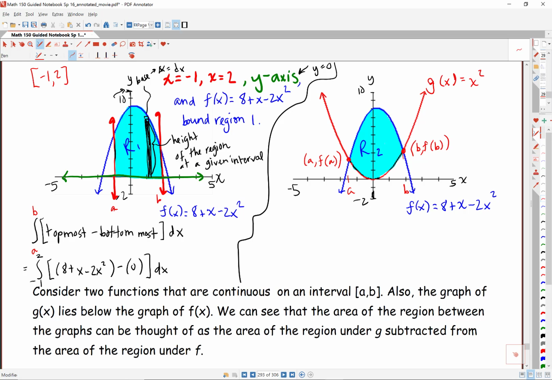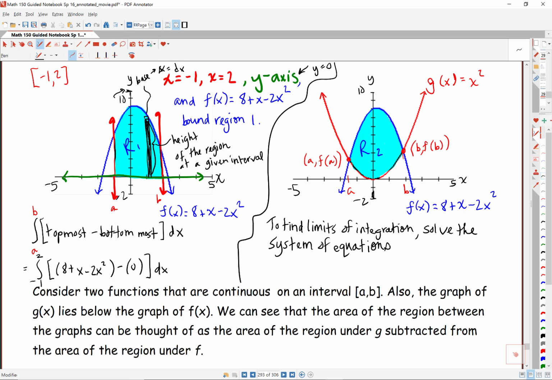So what you end up doing to find your limits of integration is you solve the system of equations. So this one happens to be a nonlinear system of equations. You might have a curve and a line. You just never know.